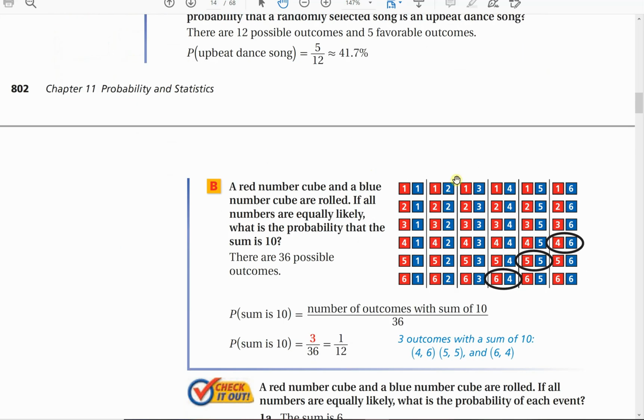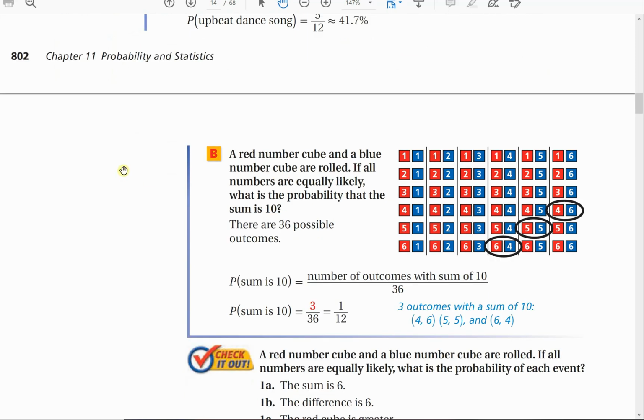Here we have a sample space where we are rolling 2 number cubes, 2 dice. A red number cube and a blue number cube are rolled. If all the numbers are equally likely, what's the probability the sum will be 10? Rolling the dice, notice there are a total of 36 possible outcomes, everything from 1-1 to 6-6.